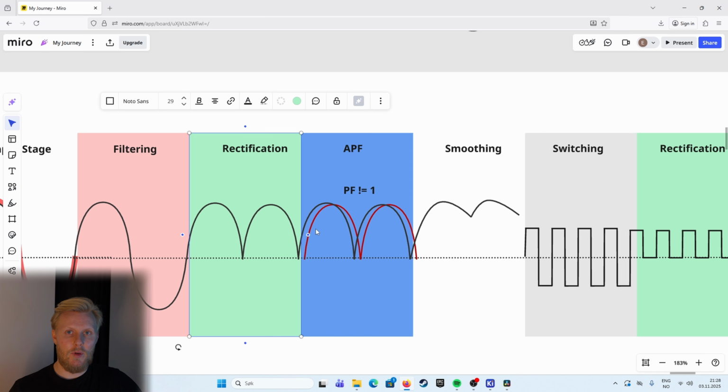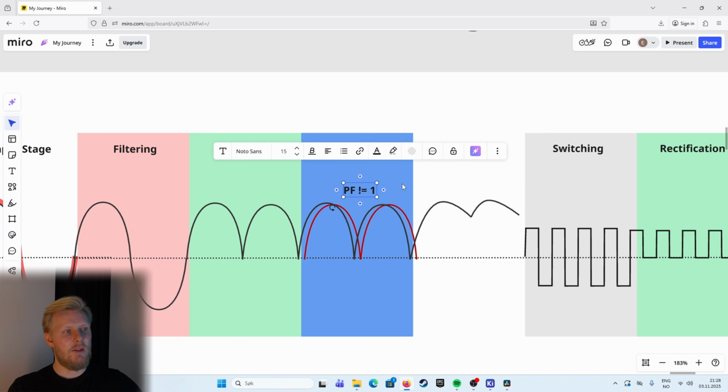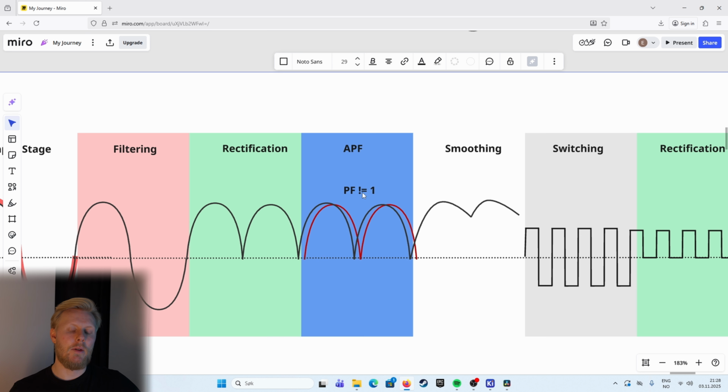Let's leave that for a different video in the future, where I will go more into detail on that as well. But let's say that the goal is to have a power factor of 1, which means that the current is in phase with the voltage.